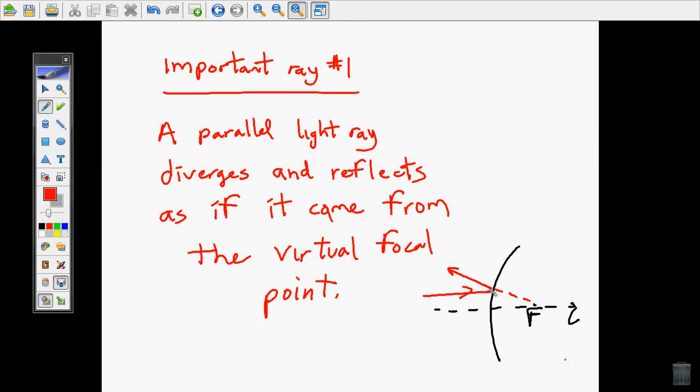Parallel light ray hits the mirror, reflects as if it came from the virtual focal point. Now, just like before, if I command this ray to turn around and go back in reverse, the same holds true. And it brings us to important ray number two.